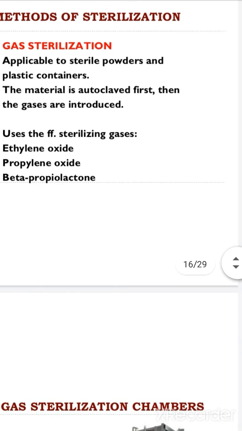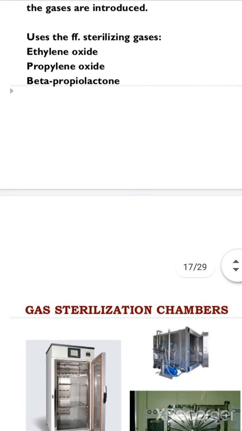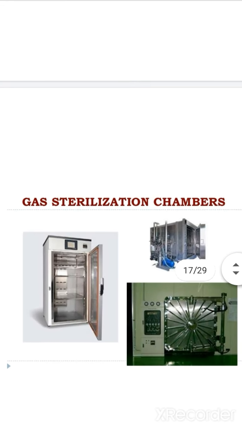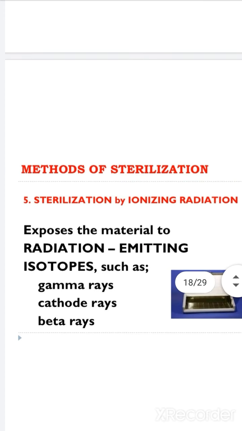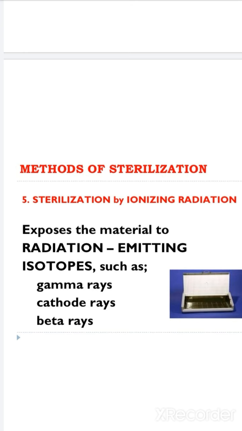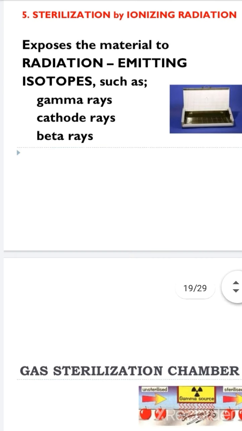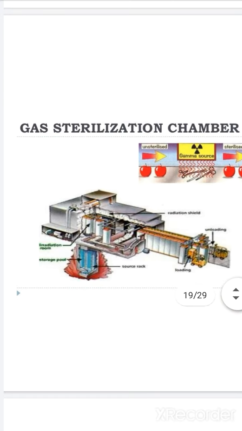Gas sterilization chambers. The fifth method is sterilization by ionizing radiation, exposing the material to radiation-emitting isotopes like gamma rays, cathode rays, and beta rays. This is a picture of a gas sterilization chamber.